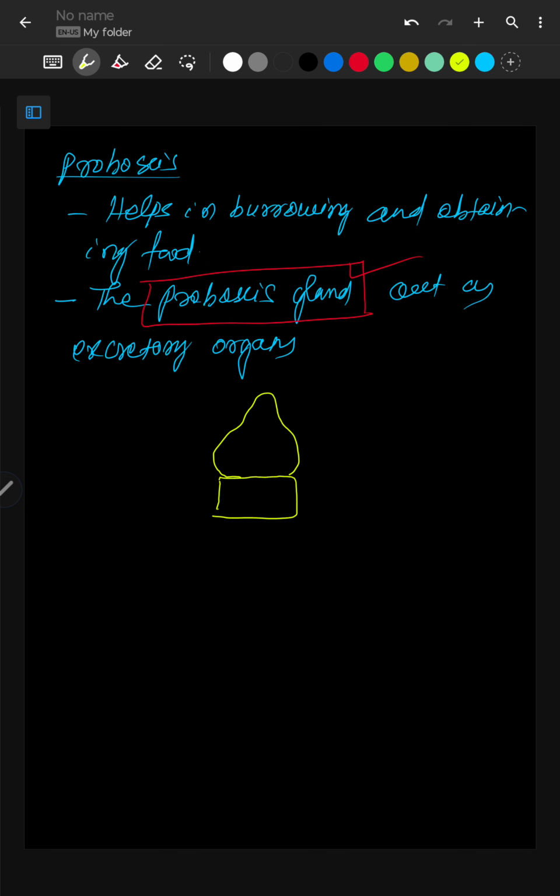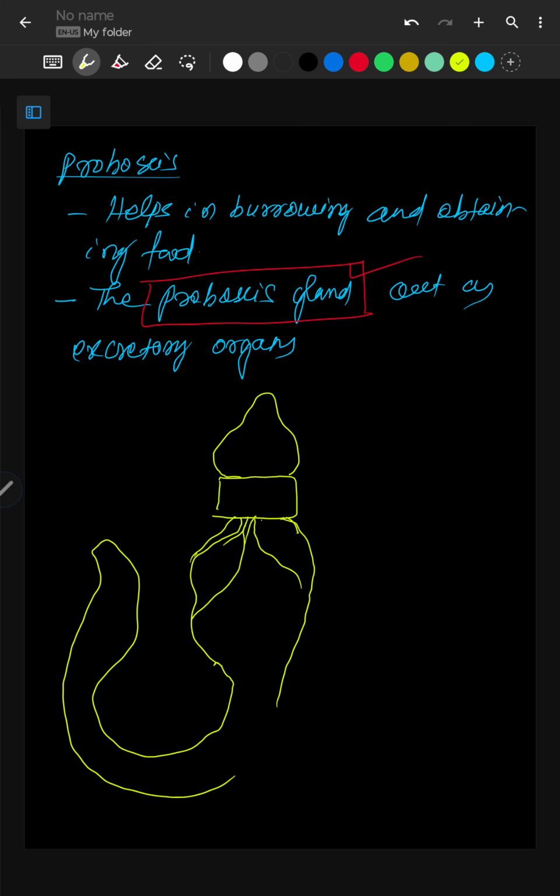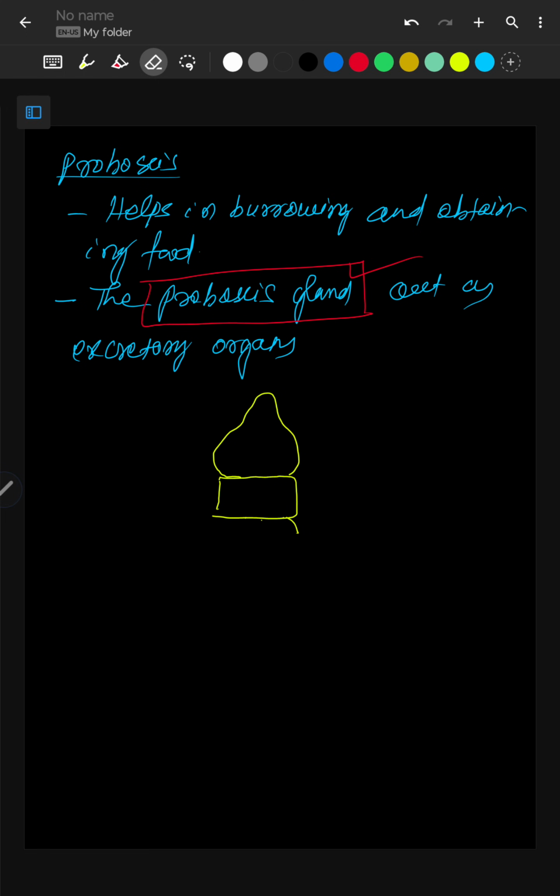So this part is called proboscis, and then the next portion is your... So I'm simply giving you a raw diagram. My diagram is not that good. That went wrong, it doesn't look good. I am making it again.